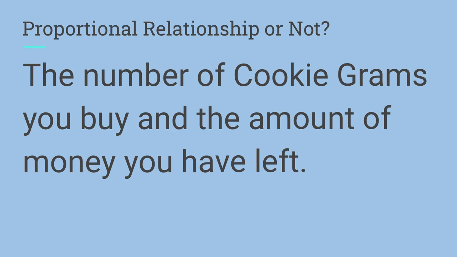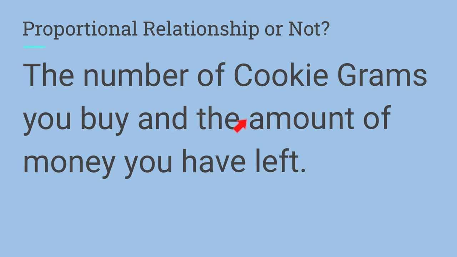All right, another one to look at, the number of cookie grams that you buy and the amount of money you have left. So this is a little different than saying the amount of money you spent. If you start with $20 and you buy 15 cookie grams, you only have 5 left.